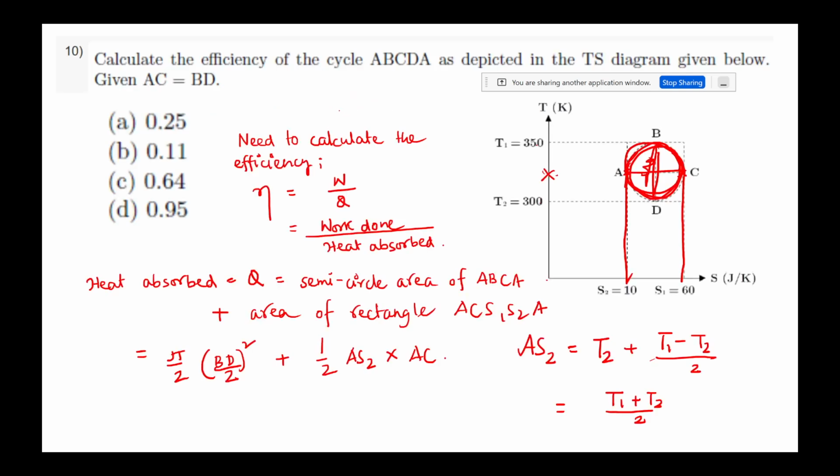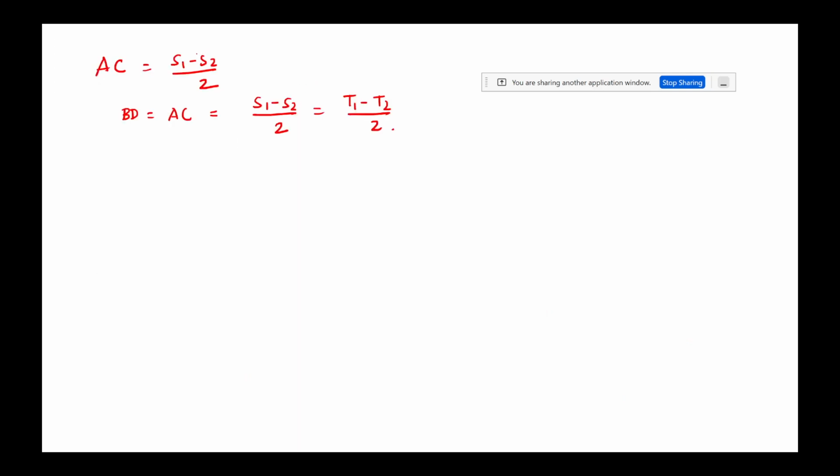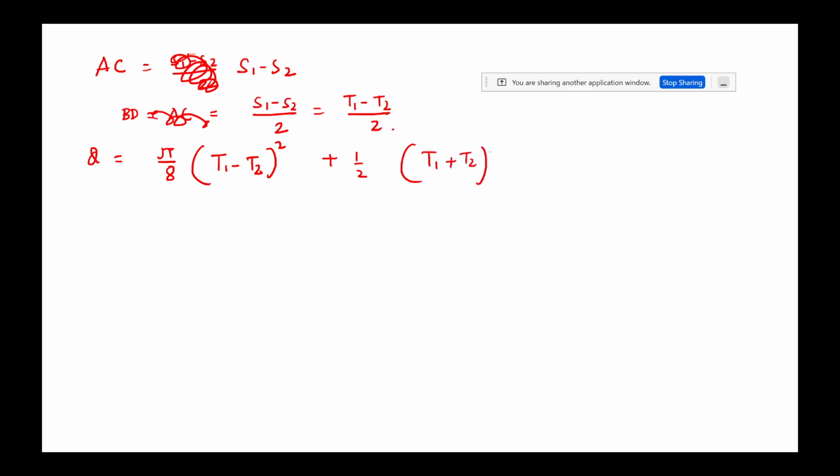Okay. Sorry, AC will be T1 minus T2. So AC will be S1 minus S2. This is wrong. So then Q will be pi by 8 T1 minus T2 whole square plus half T1 plus T2 by 2 times S1 minus S2.